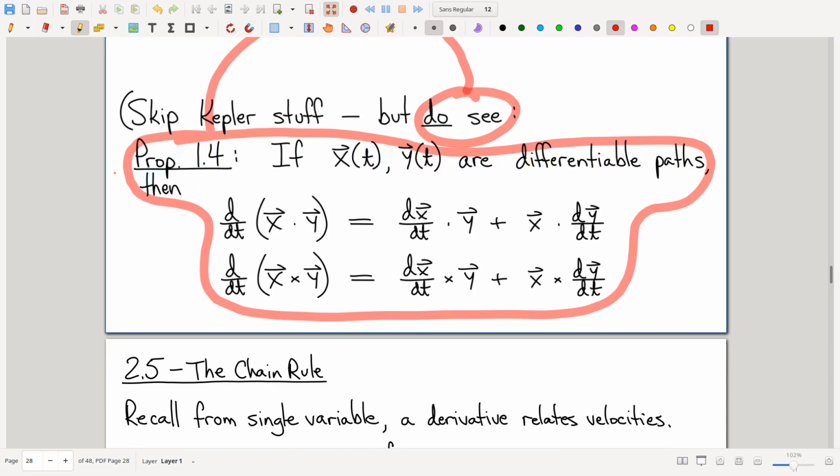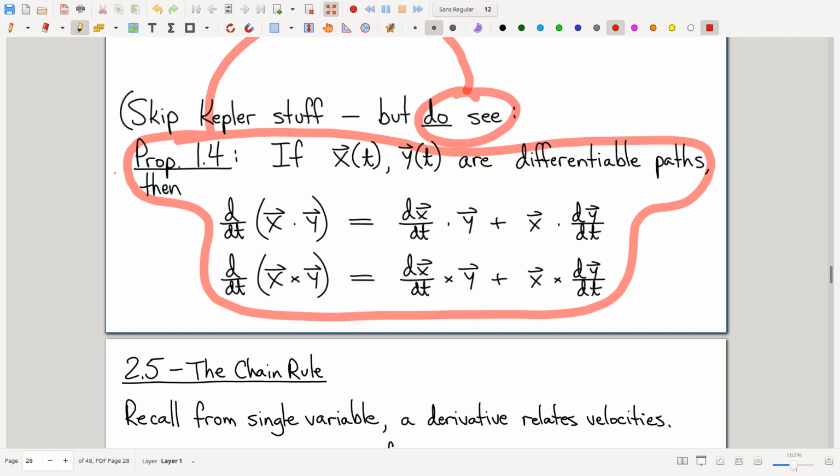If you're taking a derivative of vector-valued functions, then the derivative of the dot product of those vector-valued functions obeys a product rule, and likewise with a cross product. There is a corresponding product rule. Again, it lays out on the page exactly as you would hope it would. So this is good news, but do make sure to know this. It can be very handy sometimes.